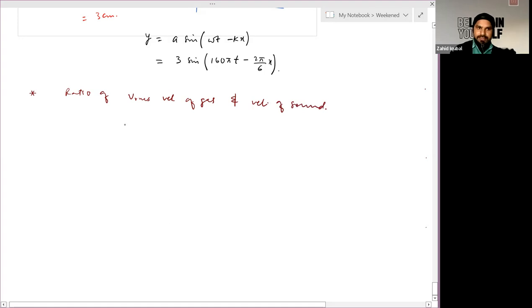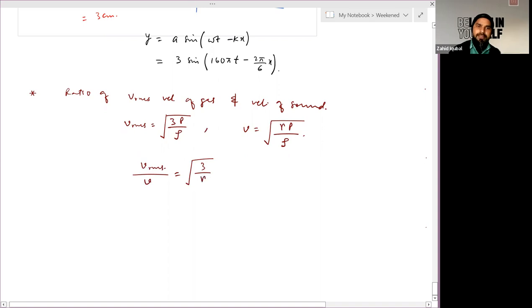In kinetic theory of gas, we had VRMS equals root under 3p by rho, and velocity of sound using Laplace correction was root under gamma times p by rho. So you'll be asked to take the ratio of these two terms. So just divide them. VRMS divided by velocity of sound will be root under 3 by gamma.